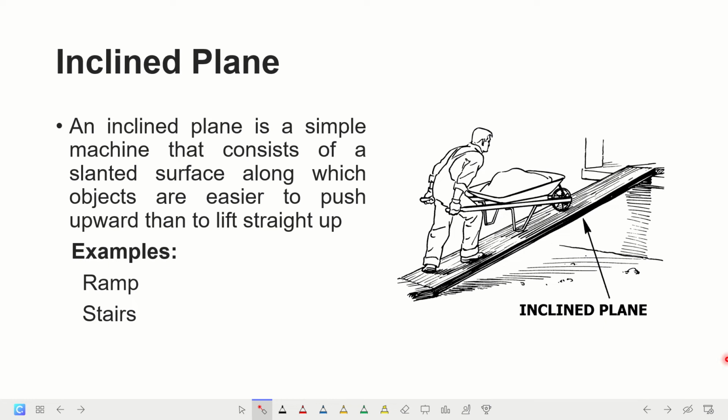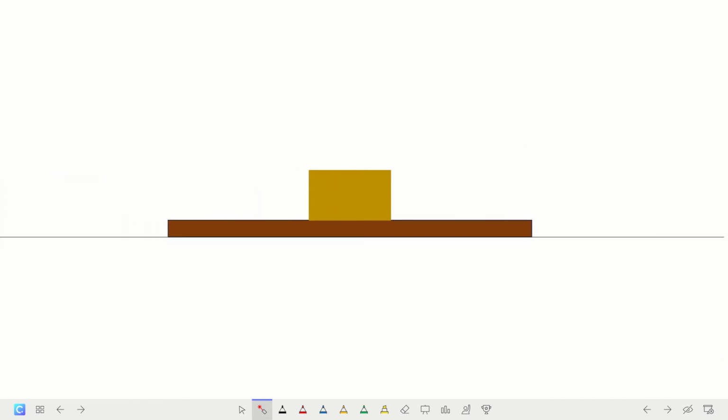Let us now look into the forces acting on an object sitting on an inclined plane. In the examples in this video, we're still going to consider a frictionless surface. So let's consider this object sitting on an inclined plane.